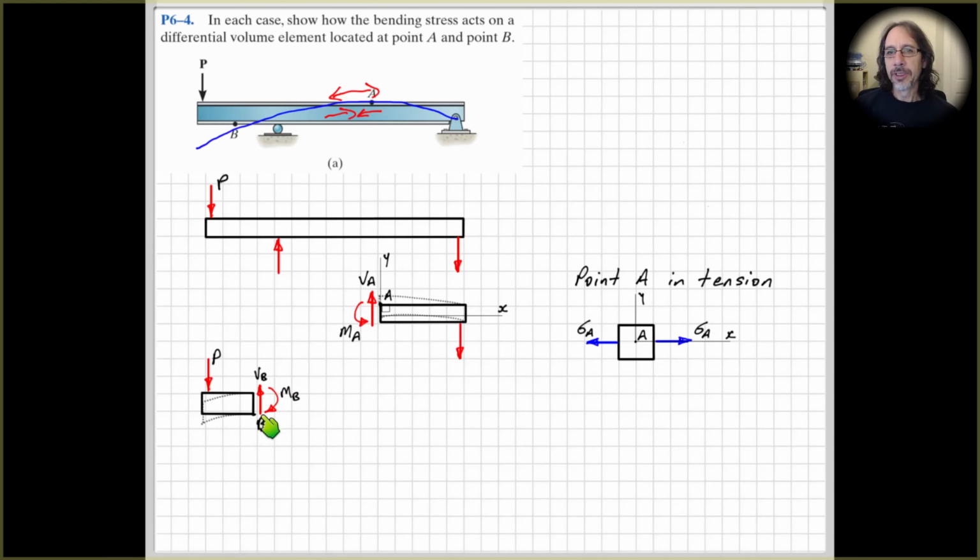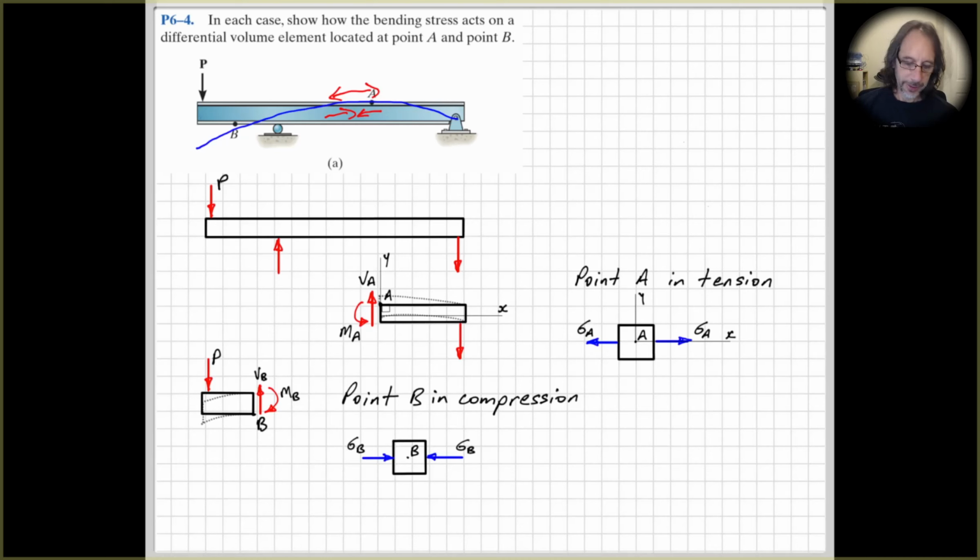And we can see that at point B, because the arrowhead of our moment is acting into the surface there, and also by looking at the considerations that we had up here about how it's being bent, the bottom here is in compression and the top is in tension. So we can do that, and then we can put our stress element to represent point B down here.